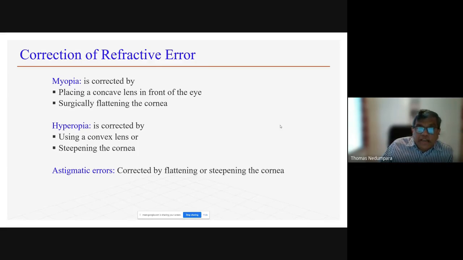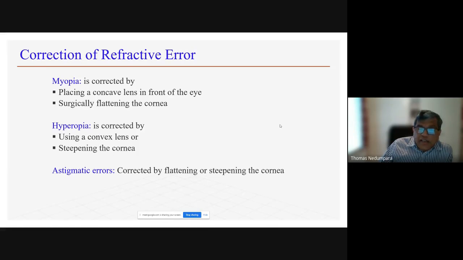So myopia is corrected by placing a concave lens in front of the eye, or you can surgically flatten the center of the cornea. In hypermetropia, use a convex lens, or you increase the curvature by steepening the cornea. In astigmatism, different areas of the cornea have different convergence.